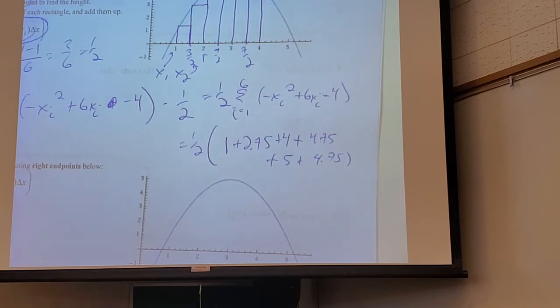9, 10. 9.5. 19.5. 22.25. 11.125? Is that it? We'll see.